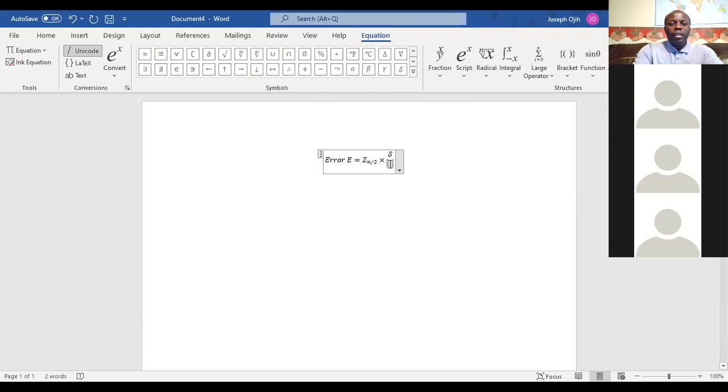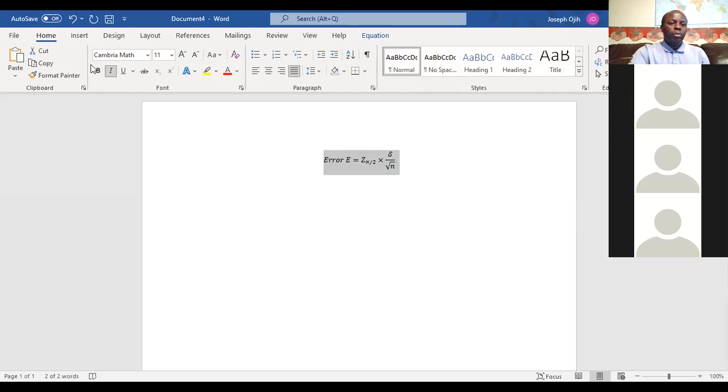That's the formula for it. I'm going to copy it, and make it bold because it's a formula, and then paste it here.